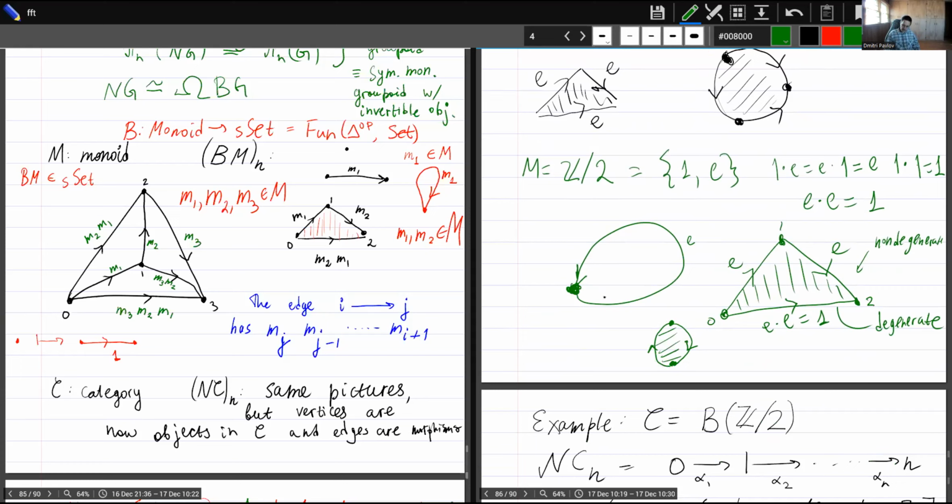And this edge must be glued to this edge, and I guess I should have oriented the opposite way to make it easier for you guys. Let me orient it the same way, clockwise. So this edge must be glued to this edge, and also this edge must be glued to this edge. This construction you may be familiar with from a traditional topology class. It's called the real projective plane.